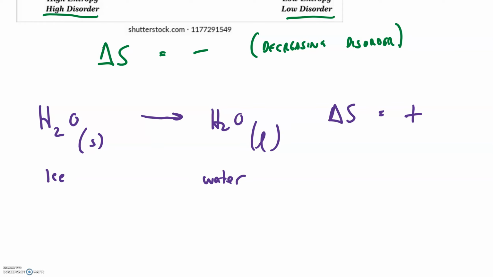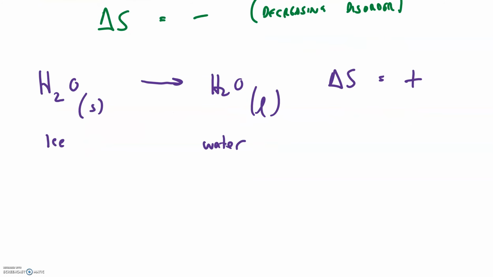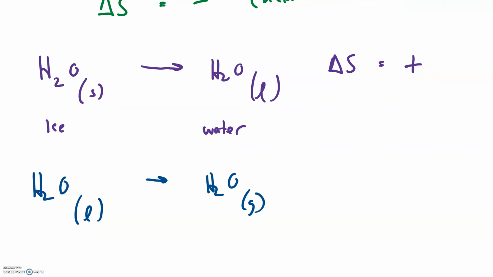If we take the reaction and run it backwards, we take liquid water and we freeze it to make a solid, we would call this decreasing disorder. It's becoming a more ordered system.